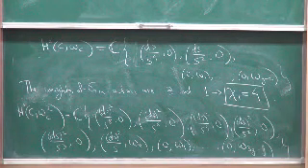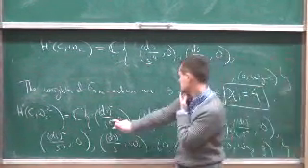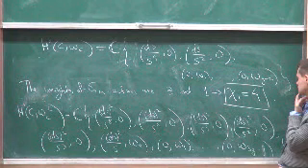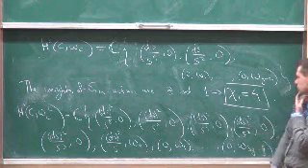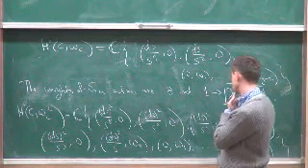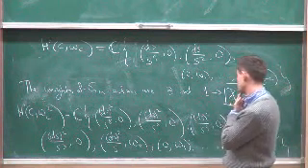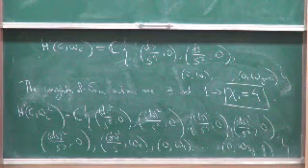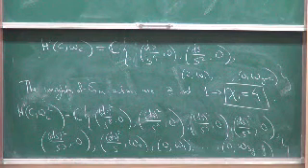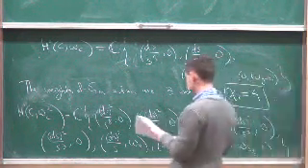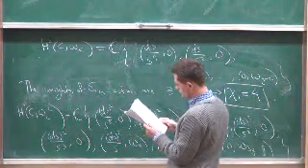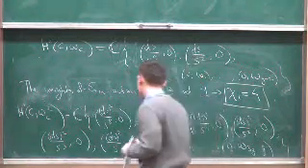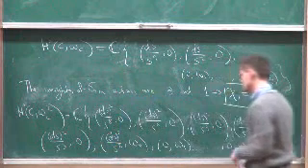All right, so let me finish the calculation. So the weights of the Gm action are here 6, 4, 2, 0, 6, 4, 2. Well, there is an issue, I did not copy this correctly.